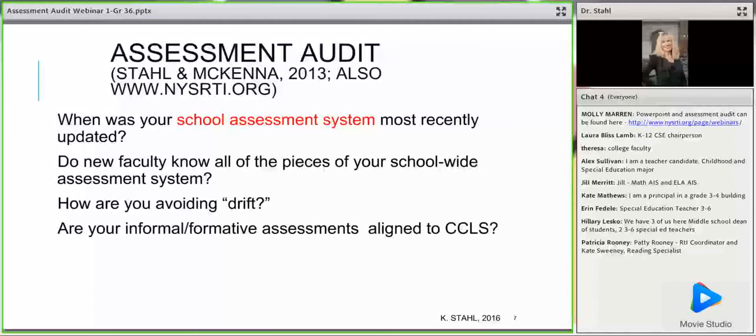And finally, are these assessments, whether they're our informal assessments or formative assessments, aligned to the Common Core? Often, some of the assessments that we are currently using, particularly in the areas of 3rd through 6th grade, our key words, whether it's the Common Core or just our focus instructionally, is comprehension, comprehension, comprehension.